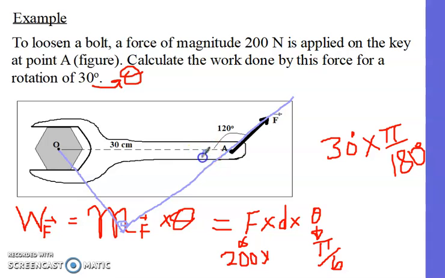Now what is the value of this angle? This is D, don't forget. What is the value of this angle? Here we have 120, so this becomes 60, right? Because 120 plus 60 degrees is 180. So this distance D, let's calculate it. We use the right triangle. OA, say H here.